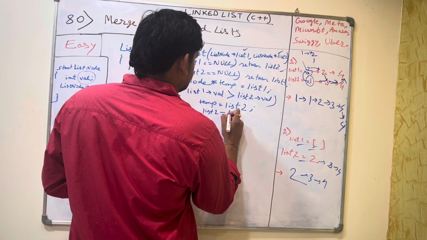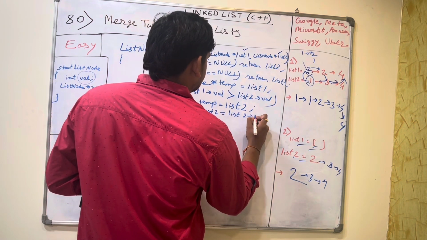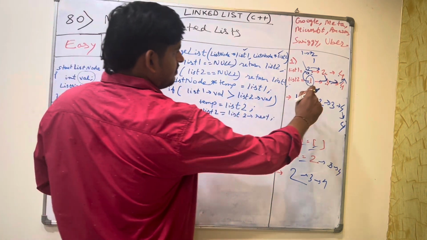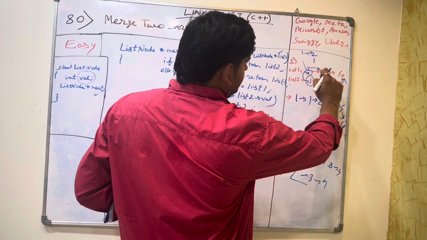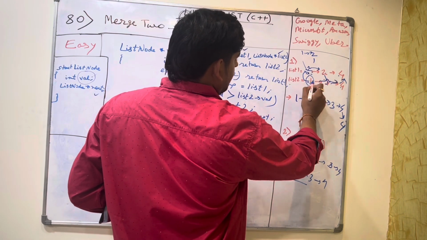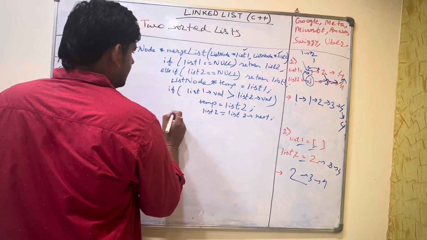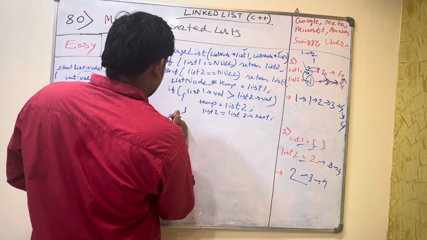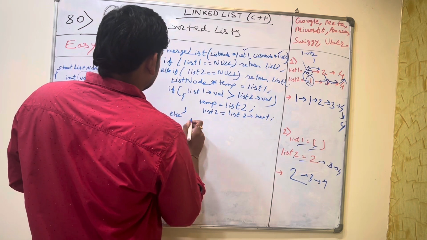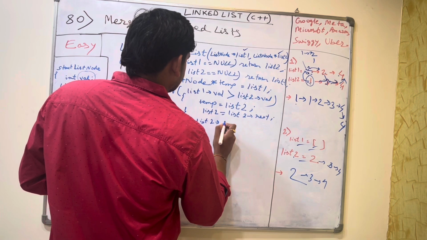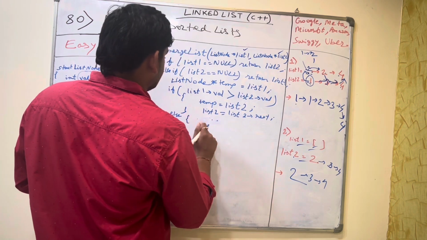We'll make temp equal to list 2 because it is the smaller one, and since we have taken list 2, we'll move list 2 to list 2 next. Okay, so that we can compare from here, right? Here this 3 and this one we can make a comparison because we have already taken these two. Same we can do for the else condition. Directly else we can write, right?